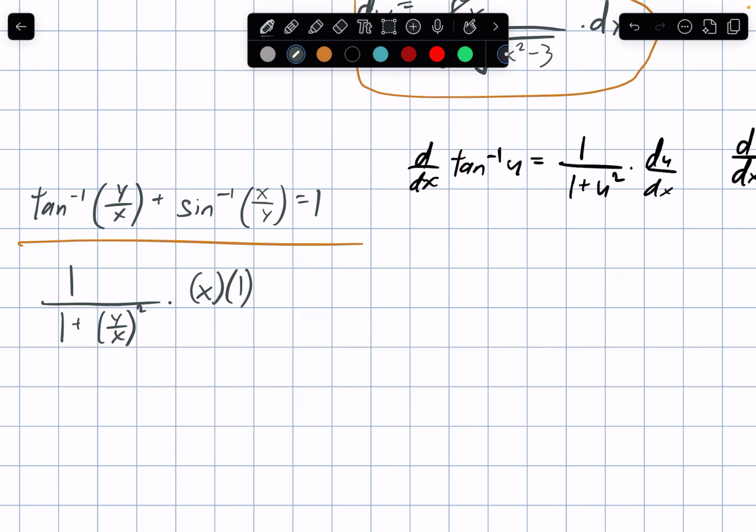This is an implicit differentiation problem at the same time. So x and then we are looking for dy over dx.